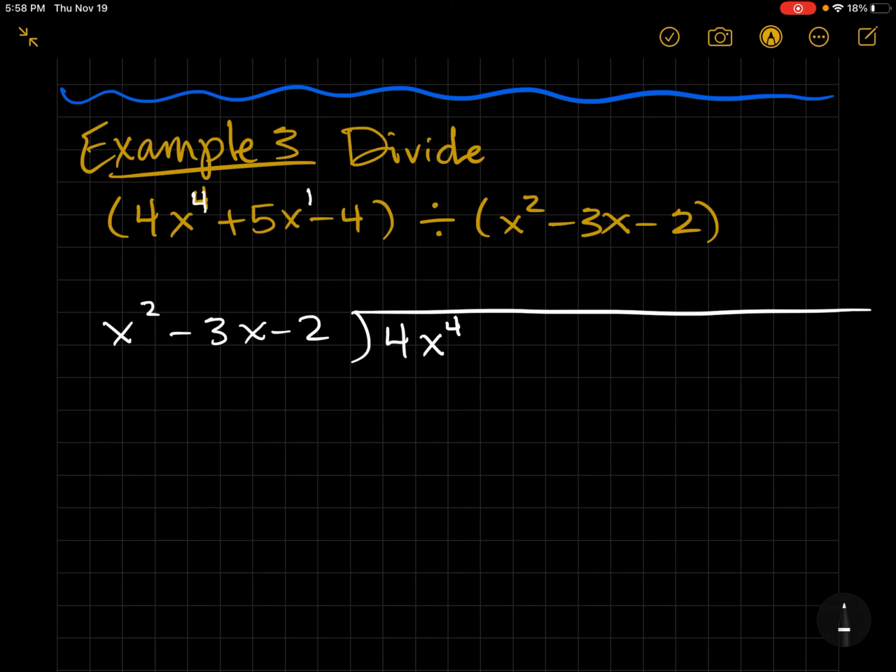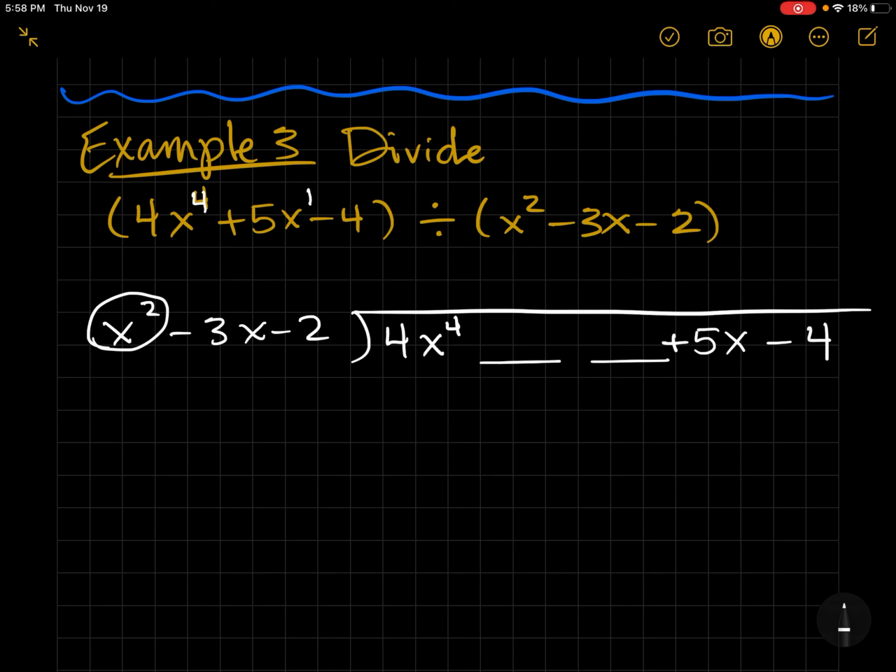There's no x cubed and there's no x squared. So I'm going to leave some space for the cube and the square. Just because when I line up my like terms, I want to have a column for them to go in. There's nothing there, but I just want to leave some space. And that's a positive 5. So I'm going to make sure I put that.